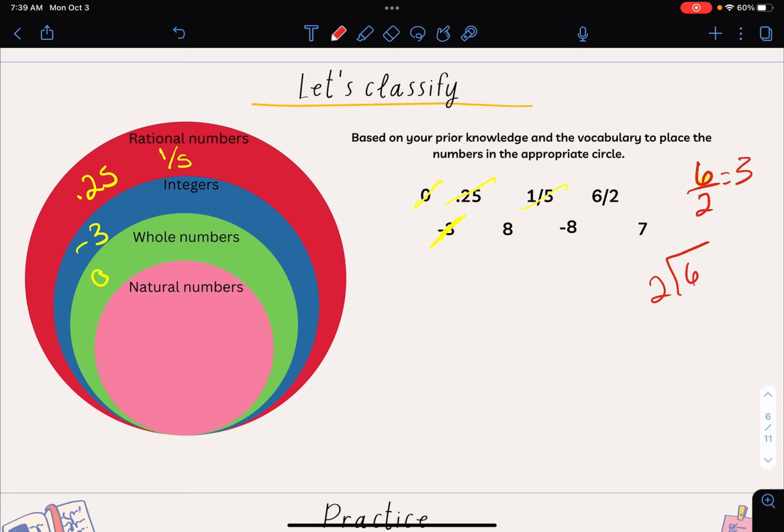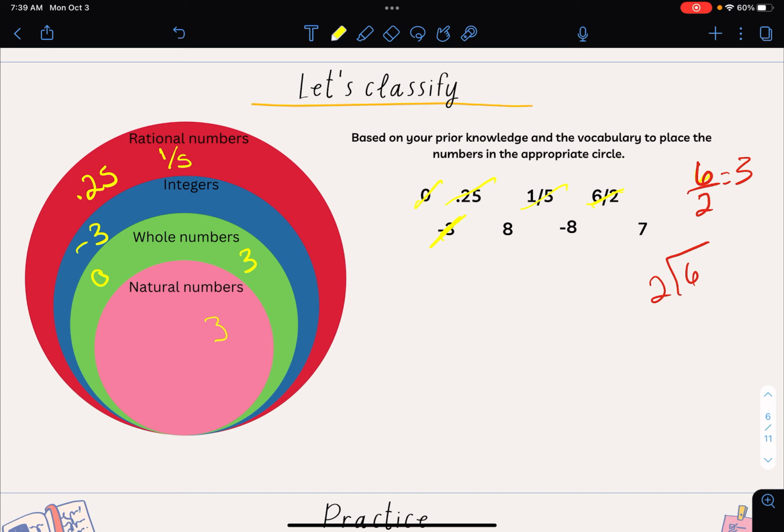Because 6/2 essentially becomes a whole number when I divide, that goes in our whole numbers, and with our whole numbers it can also go with our counting numbers. But remember, you're going to put it in the box highest up to where it would go. So I put it in both boxes.